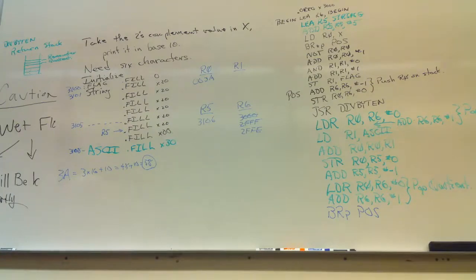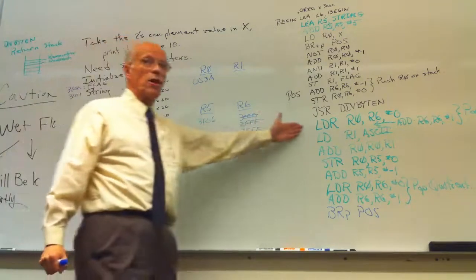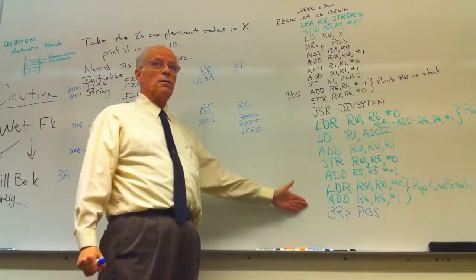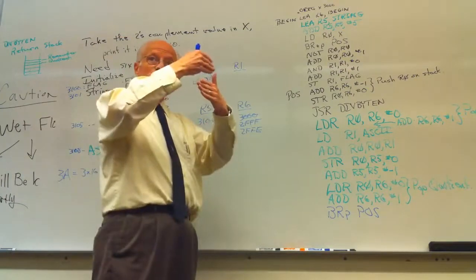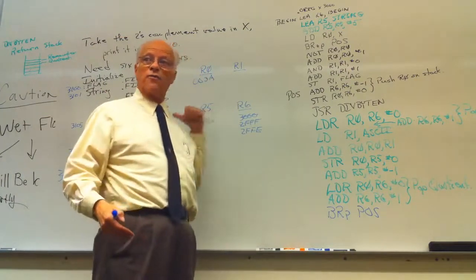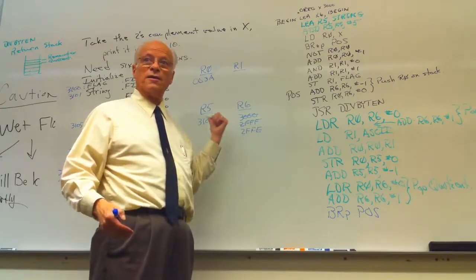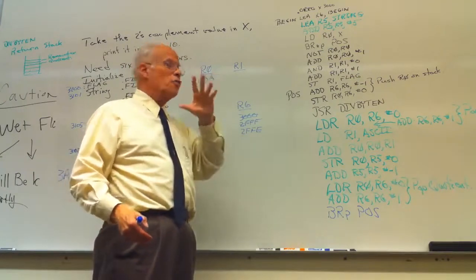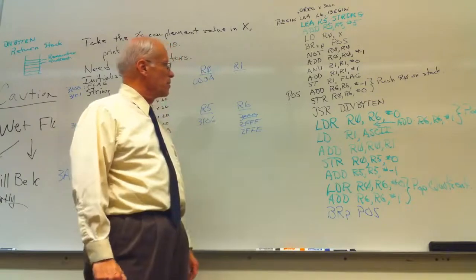Because that's the logic that I've got going here. If it does it in the reverse order, I'll end up with 8.5 instead of 5.8. You have to be sure that all these things are handled in the right sequence.